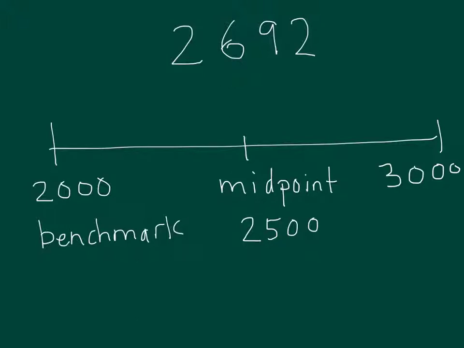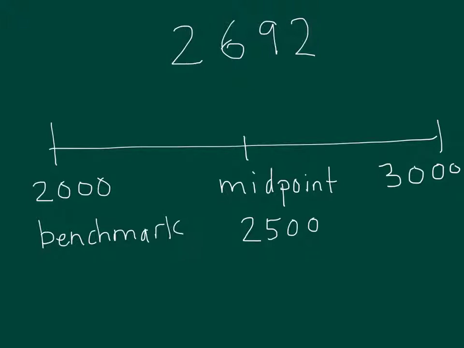Okay? So now we've got to determine where does this number fall. I'm going to go back a bit. So, I'm going to try to erase this if I can.